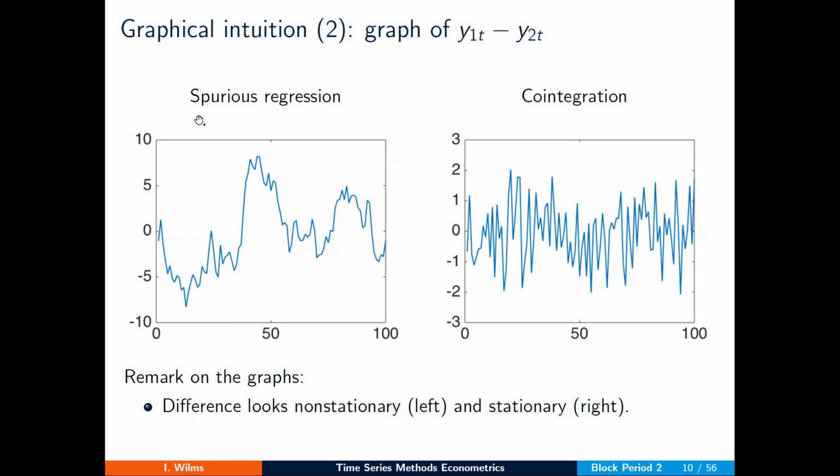Now, what do we see? Well, on the left, this difference series is still clearly non-stationary. Whereas in the right panel, this difference series looks much more stable. This series, this guy over here, is indeed stationary.